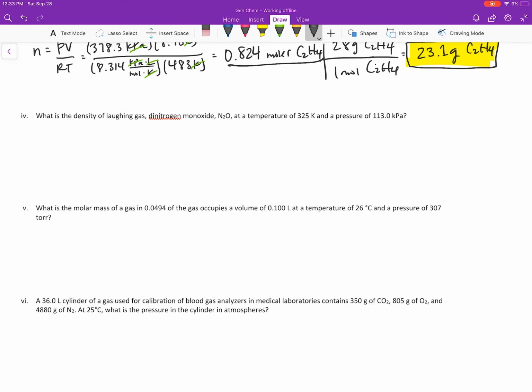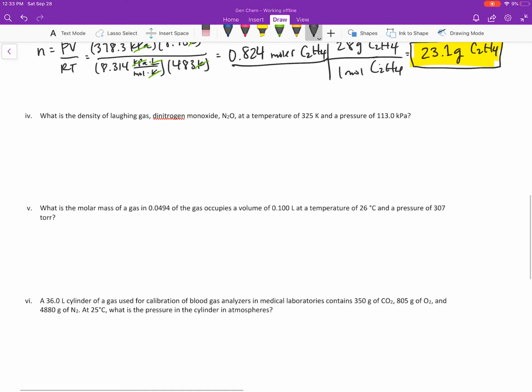You can use the ideal gas equation and then do a little dimensional analysis, or you can use kind of a derived version. It's just algebraically substituted and rearranged so that we can solve for the density of a gas. Now, density of gases are usually expressed in grams per liter. So this version of the equation is grams per liter, which is really, if we think about it, mass divided by volume.